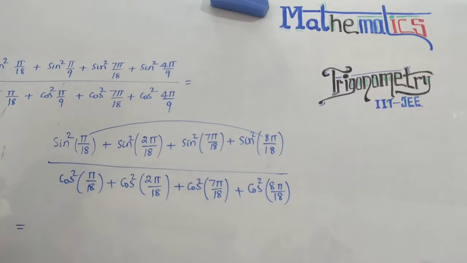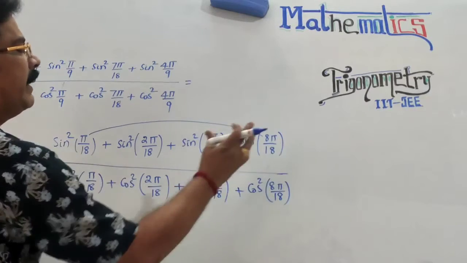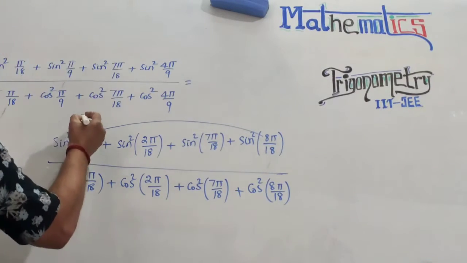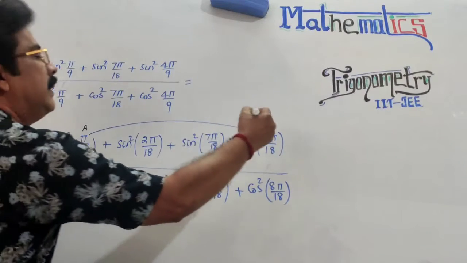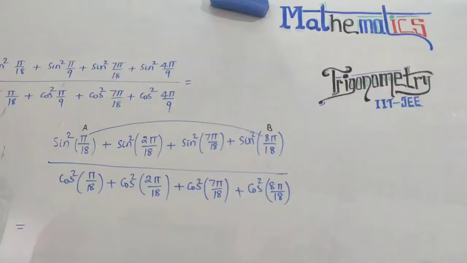Observe these two: sin² π/18 plus sin² 8π/18. Let this be capital A and this be capital B. Is A plus B equal to either 90 degrees or 270 degrees?